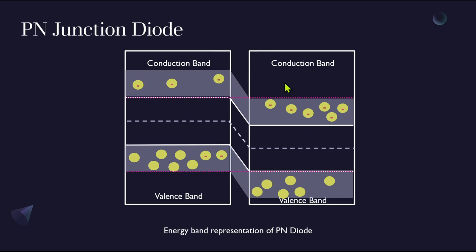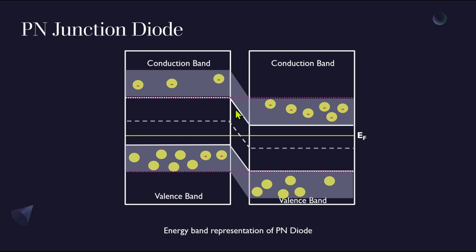Now, if we see at the same time, the difference between the conduction band and the valence band remains the same in both N type and P type semiconductors of a PN junction diode, and the Fermi level, as we already know, the intrinsic Fermi level lies in the middle, so it is also in the middle.